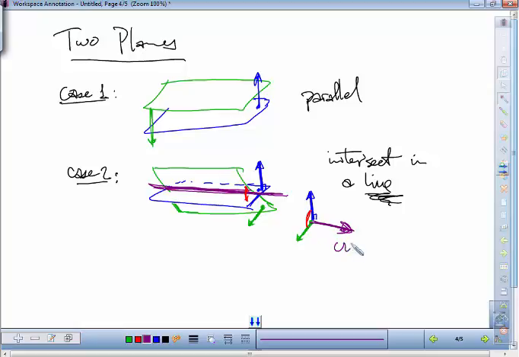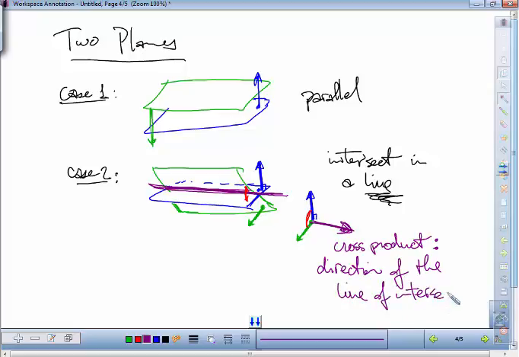The cross product will give you the direction of the line of intersection. It'll be a direction vector for your line. Okay?